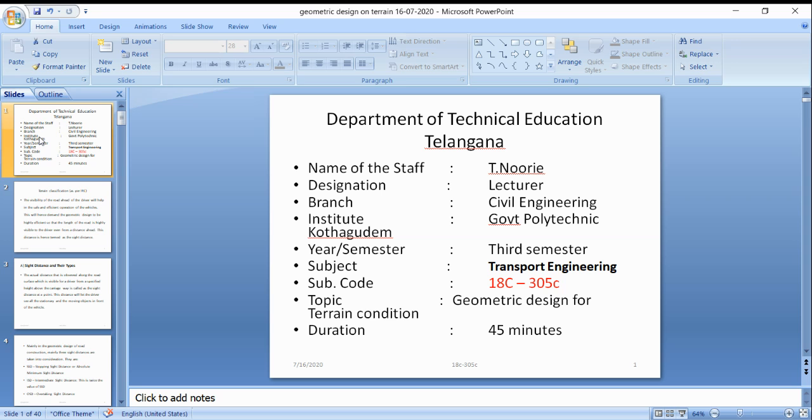Next comes the camber, also called the cross fall or cross slope. The camber is a rise given to the center of the carriageway.